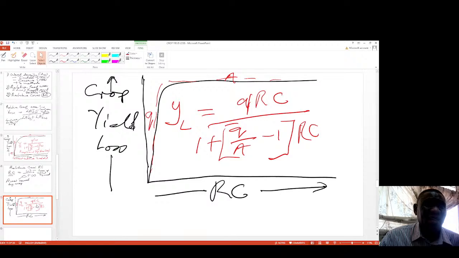And here we can also determine the relative cover which justifies weed control.